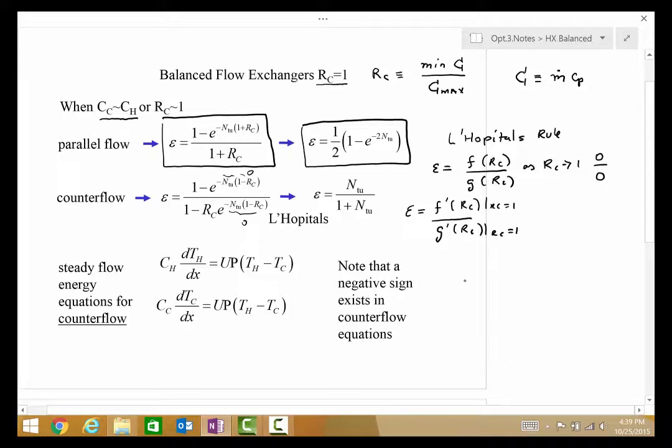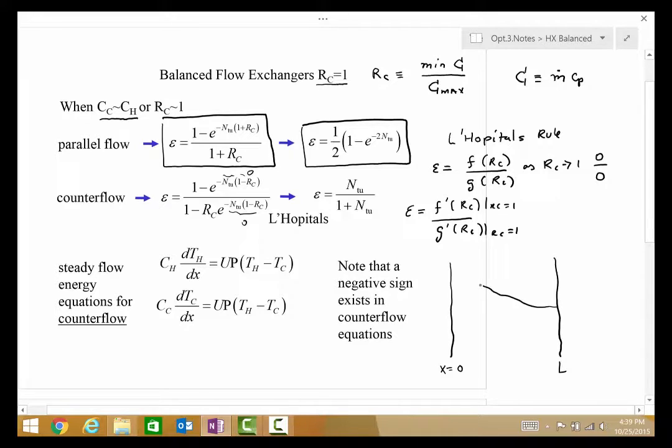Maybe it's worthwhile thinking about this for a more general case first. In the most general sense, where we have a flow between x equal to 0 and x equal to L, we have different possibilities for what the temperature distributions might look like for the counterflow heat exchanger.